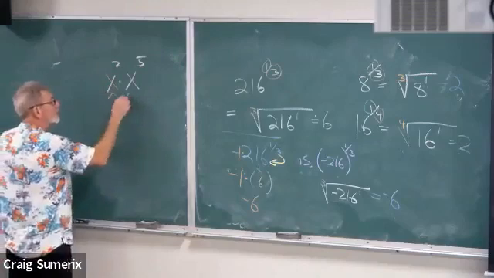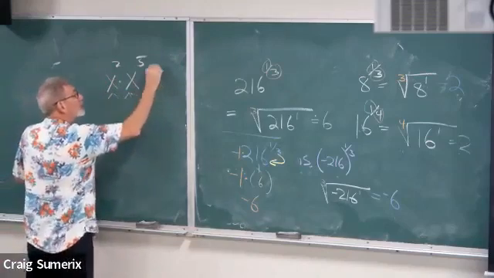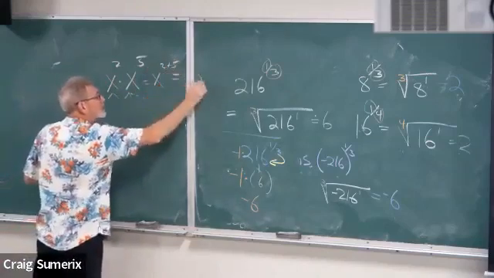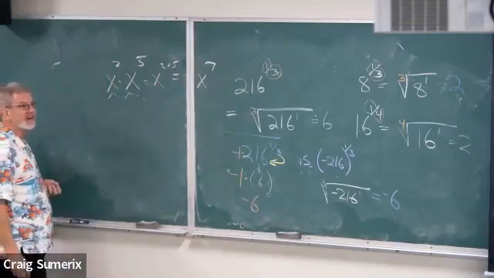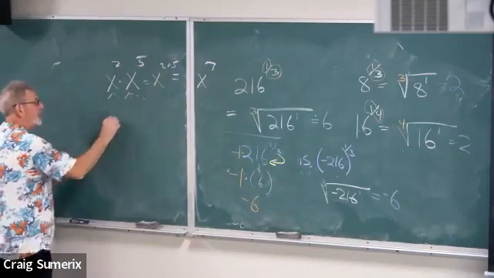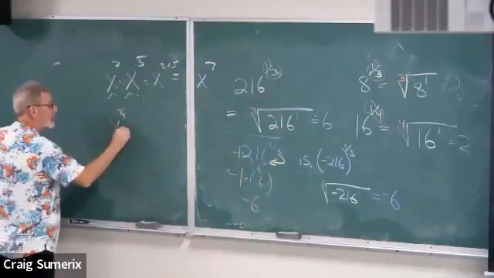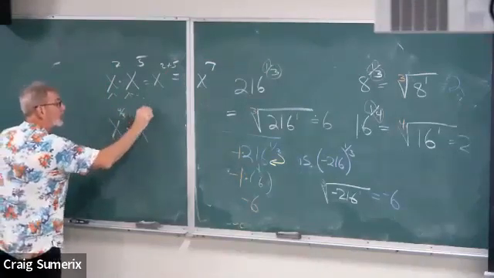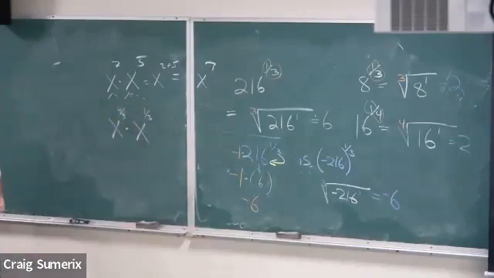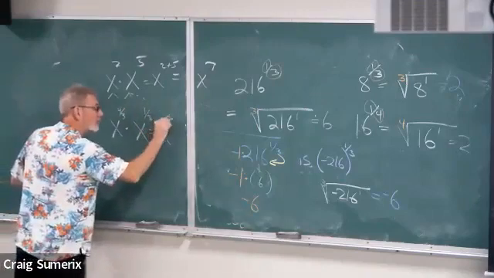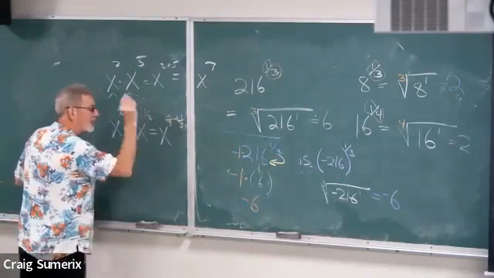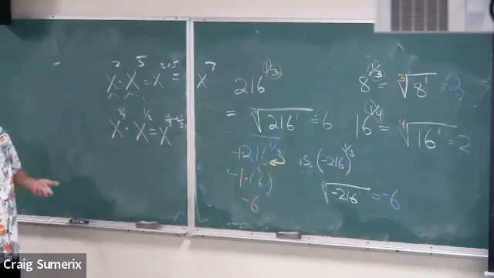Because this is 2 of them and this is 5 of them, so it would be 2 plus 5, which is 7. Well, what if they're fractions instead? X to the 4/3 times x to the 1/3. We can do the same thing. We can add the fractions, and now we're back to fraction rules.